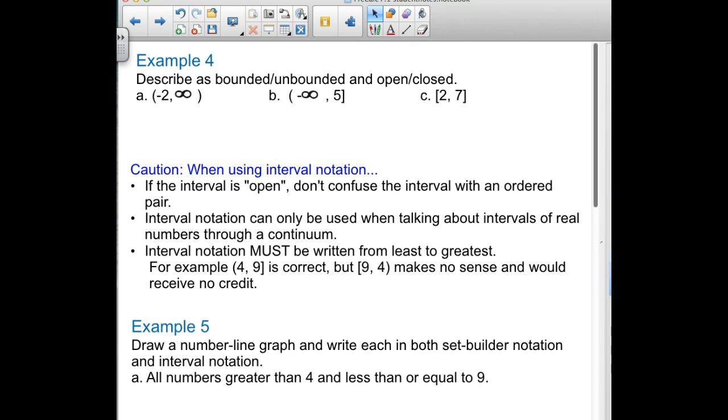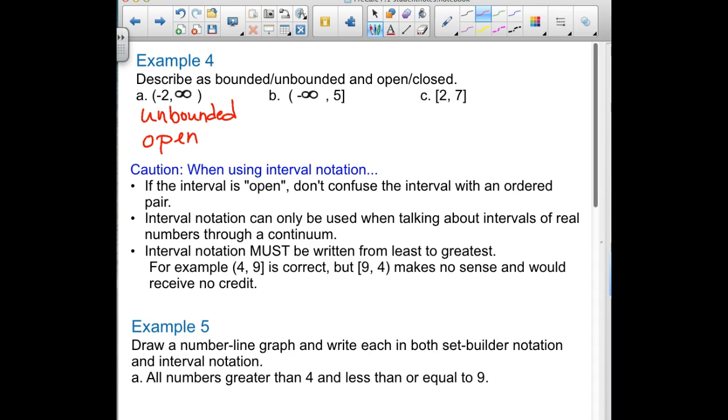All right, example 4. Describe it as bounded or unbounded and open or closed. So our first one, since it has infinity in it, we would say it's unbounded. And there are no squared off brackets, so we say it is open. All right, pause the video for a minute and try B and C. All right, let's check what we got.